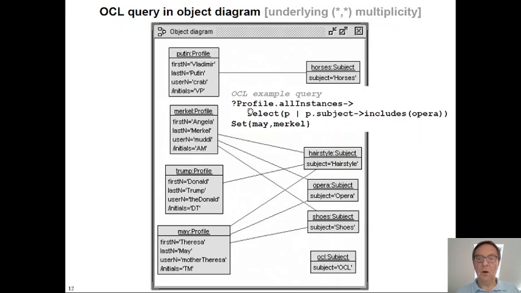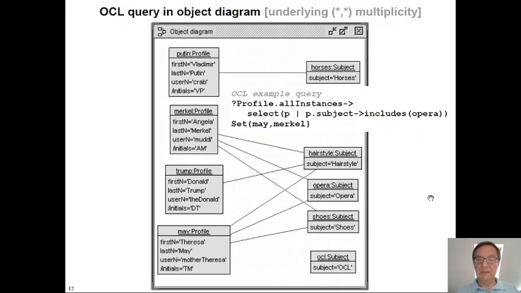OCL can be used to formulate queries against an object diagram. In other words, an OCL query like this can be evaluated in an object diagram and gives back a particular result depending on the query that you pose.